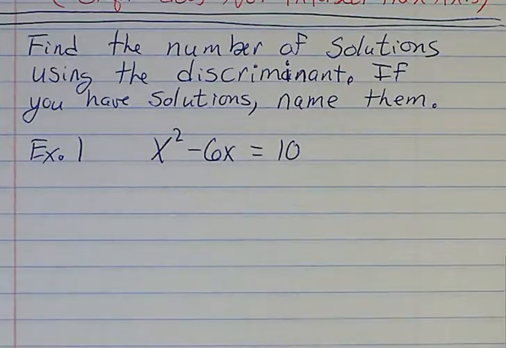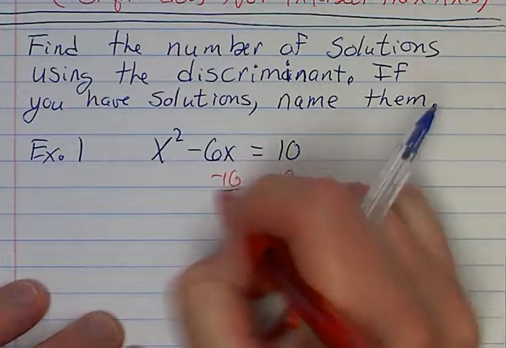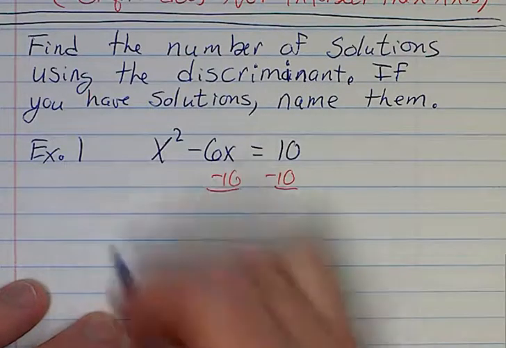Okay, so very first one, we'll go with x squared minus 6x equals 10. Whether you're going to factor this or use the quadratic formula, because right now we really don't know which one we're going to do, you've got to get this 10 over to the left-hand side so that this part will equal 0.